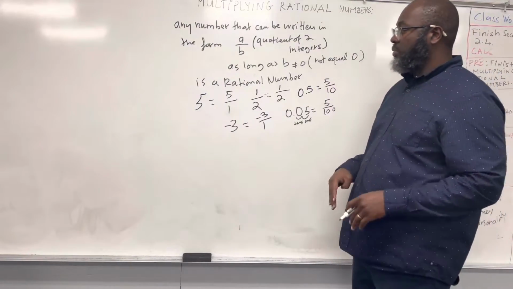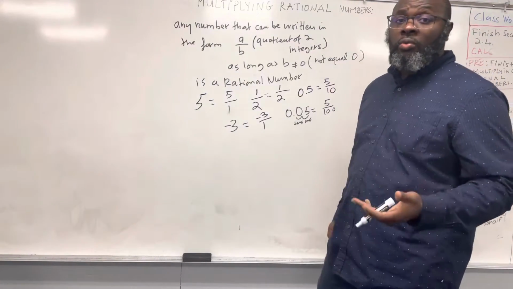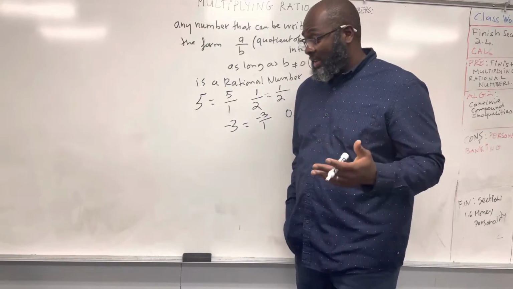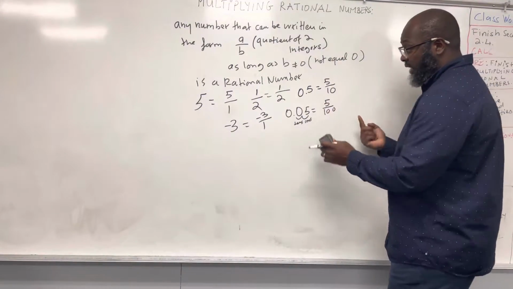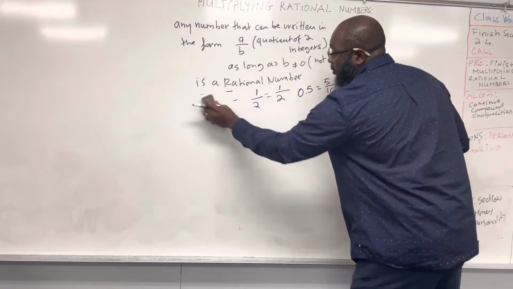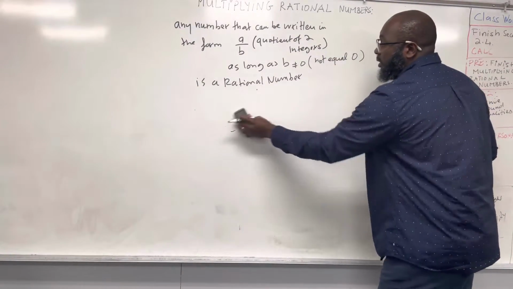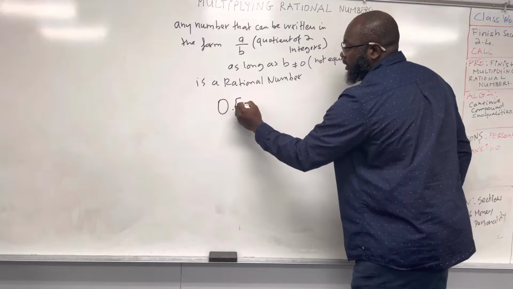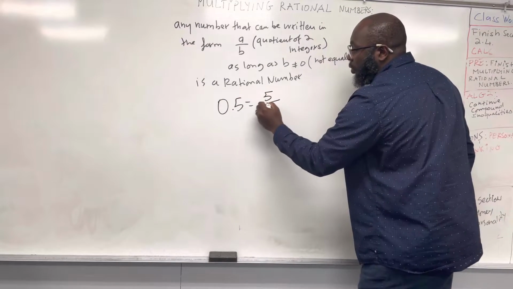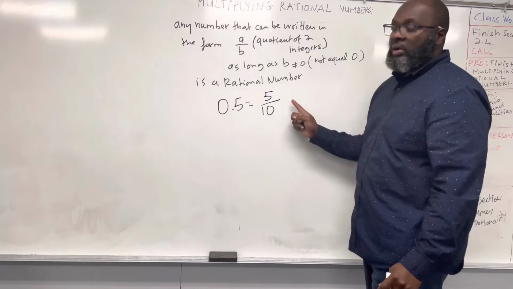Now here's the thing. When you have a rational number, you always want to make sure you simplify it, okay? You don't leave 0.5 as 5 over 10. Here's what you do. You can break down 5 over 10, right? So 0.5 is basically 5 over 10. Now, we don't leave this like this.